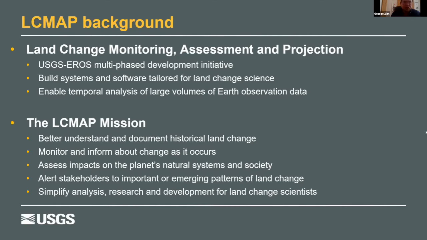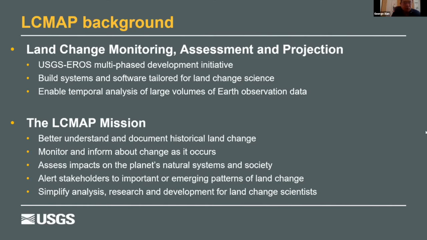We wanted to use the data generated from this system to enable temporal analysis of a large volume of Earth observation data. That means for LCMAP, we try to use the entire Landsat archive from the 1980s to the present to generate annual land change information at 30-meter resolution. That's the main purpose.